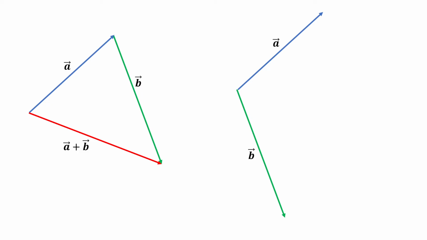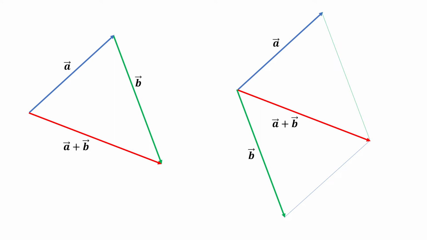In this case, we're going to create a parallelogram, and then the diagonal of this parallelogram that starts at the same point where both of those vectors a and b start gives us the vector. Okay.